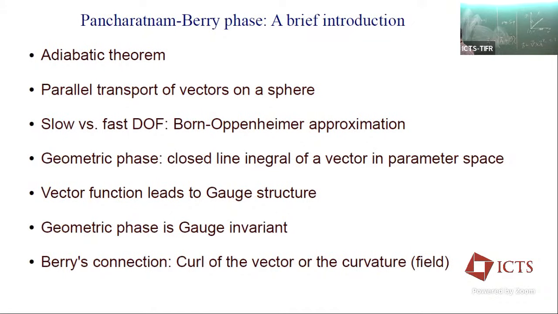It will vanish, but it will vanish in a simply connected region. If you have a multiply connected region, if you have a hole in the region, then this will have quantization. It will be quantized.